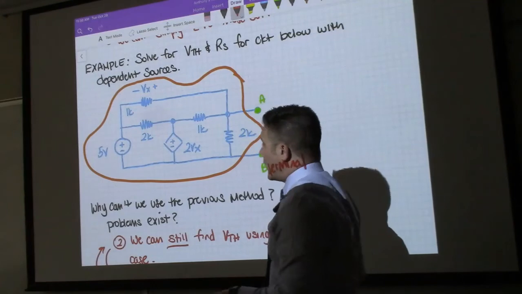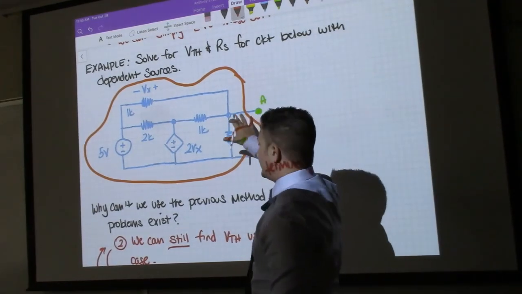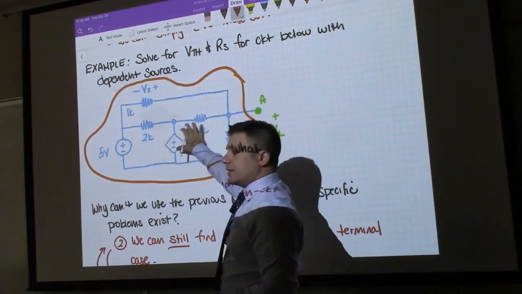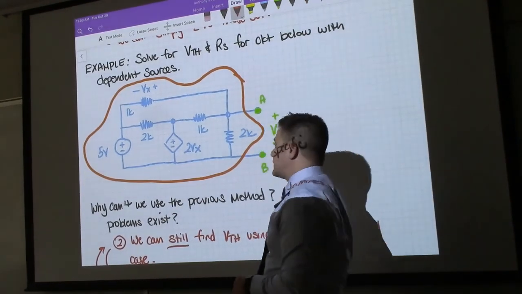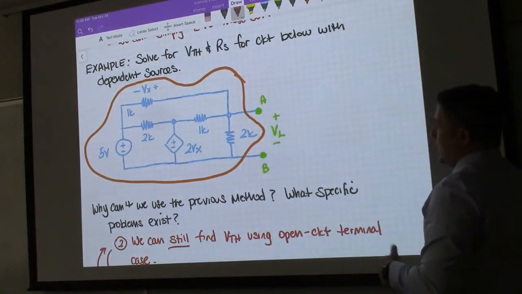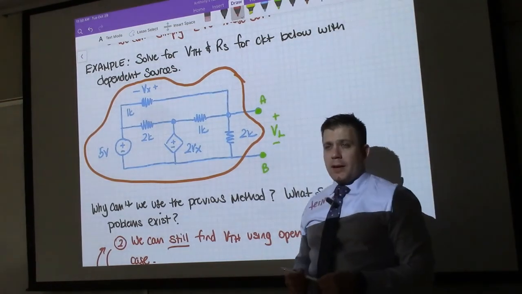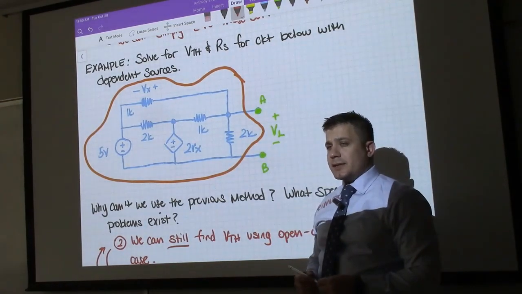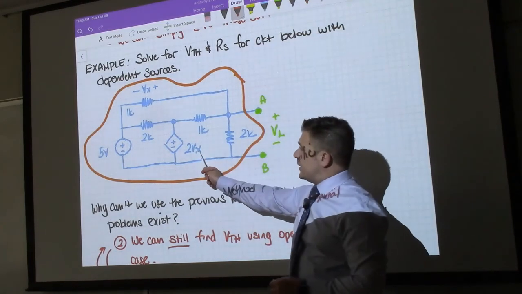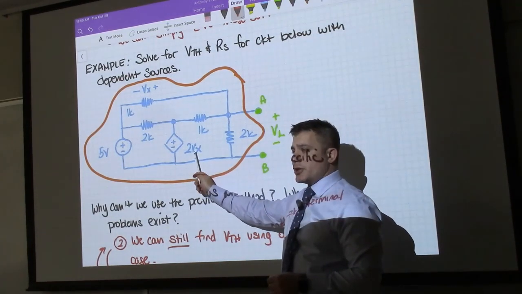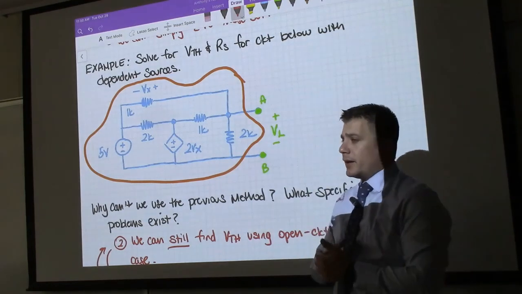So again, we're trying to find the Thevenin or Norton, well, either, equivalent resistance for the circuit that's shown inside of the orange. Is the circuit linear? It is. It's composed of only sources and constant impedances. This dependent source is a linear expression, 2 times Vx, so we're good there.